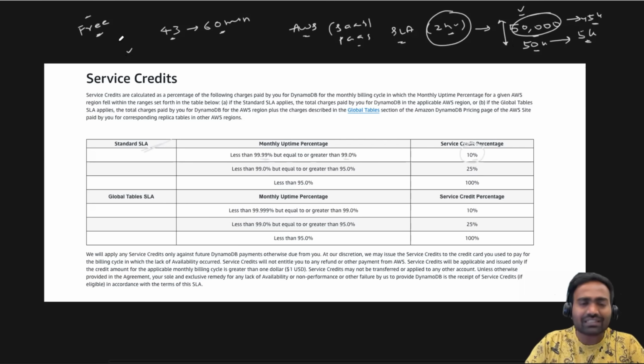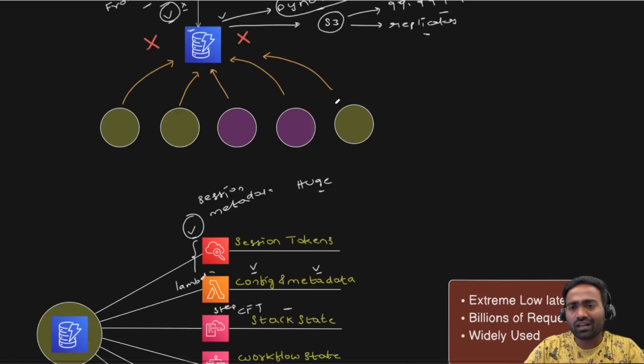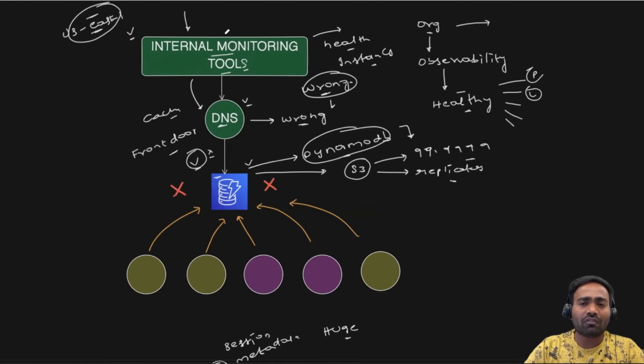Overall, such outages are very, very rare, and the root cause is basically one of the AWS internal monitoring tools within US East 1 region. It was reporting false alarms. So it was updating DNS in a wrong way.